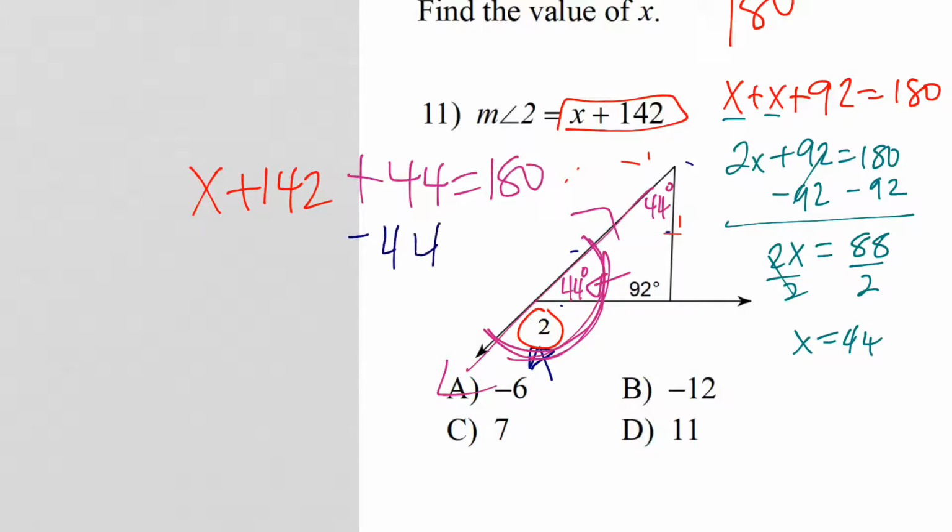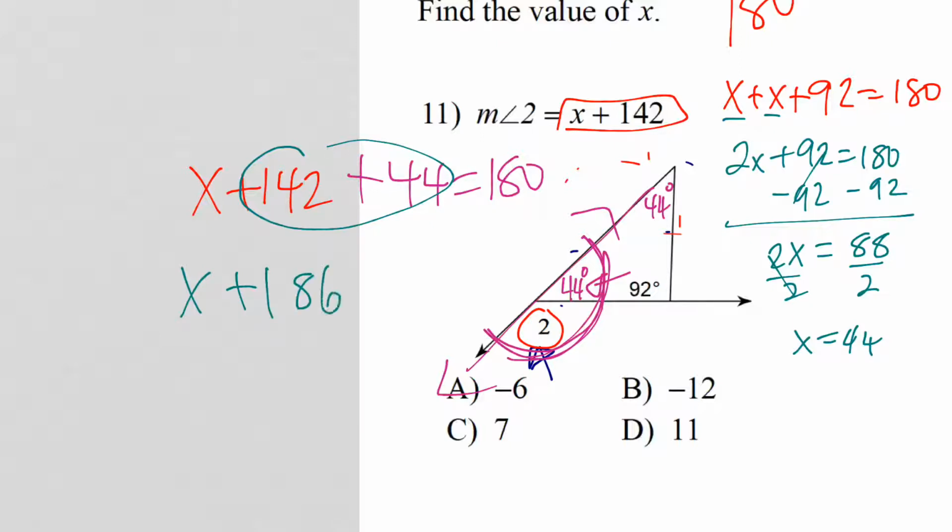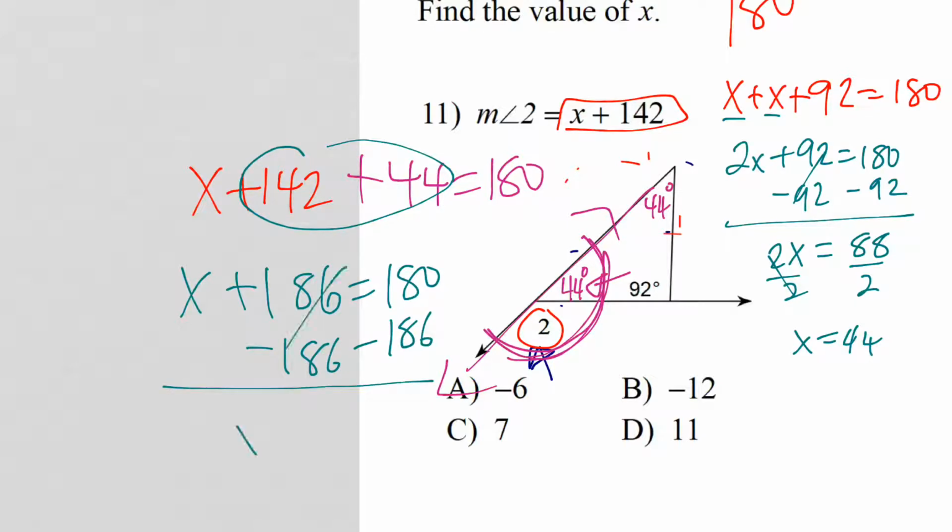Subtract 44 from both sides of the equation. I'm going to combine my terms first so I don't do as much work. So I get 186. And now I'm going to subtract 186 from both sides of my equation. And when I do that, I end up getting negative 6.